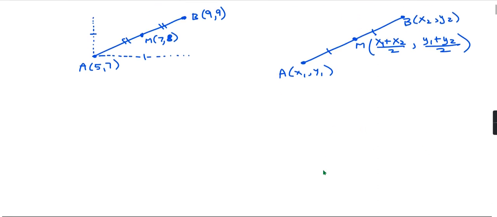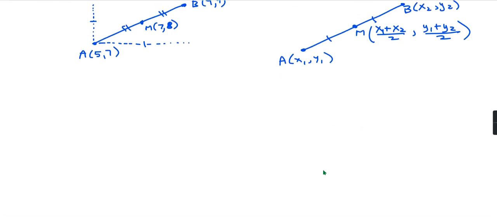Now let me ask you a question here. Suppose they give you A. I'm just going to find it in the book. Okay, so A is (6, 5), and the midpoint is (4, 2).